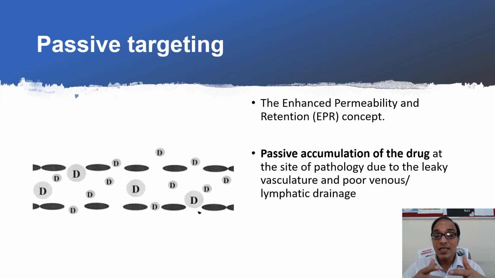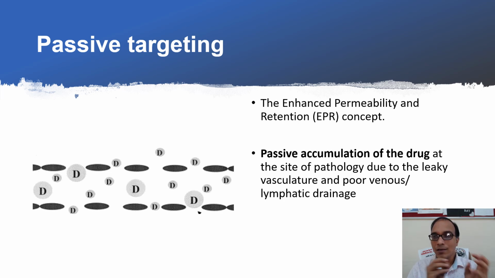And in many cases, not only in the tumors, but in cases of inflammation, ischemia, the perforations may be there. And these perforations lead to the passive targeting. Whenever there is a tumor, as we can see in this diagram also, the leaky vasculature allows the drug entering into the tumor site.